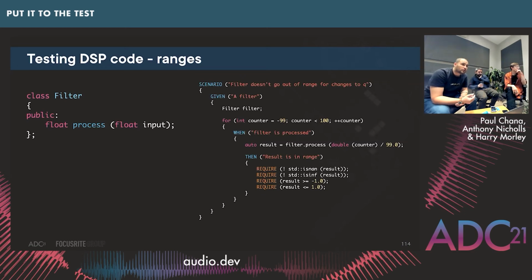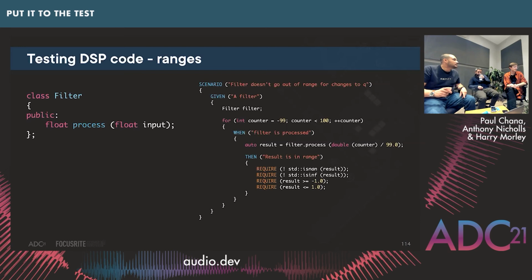So you see here we've got an outer counter that's running over the ones. We're then processing the filter. What this is doing is pushing in a number between -1 and +1 into the filter to represent the audio range. And we're just checking that all the numbers that come out of it are not nans, they're not infs, and they're in the expected audio range.